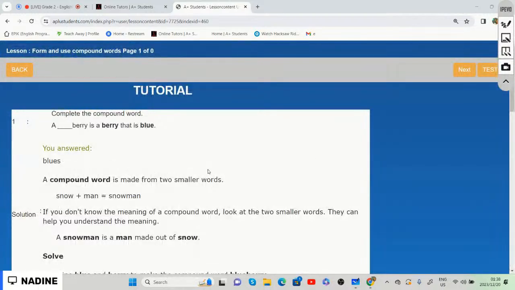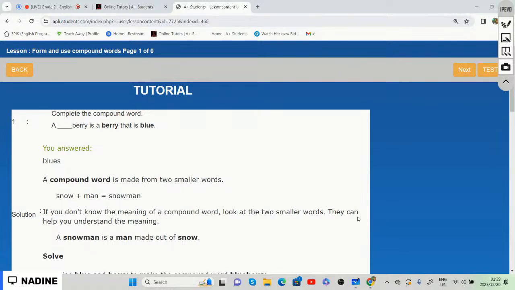So before we go on to our test, once again, a compound word is made up of two small words. And we even went over a few more examples of compound words, right? Which is, for example, snow and man is snowman. And if you don't know the meaning of a compound word, you can basically just look at the two smaller words and they can help you understand the meaning.